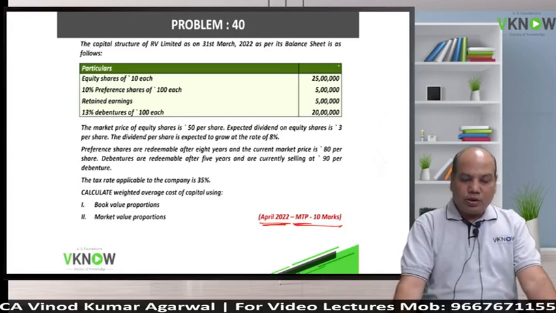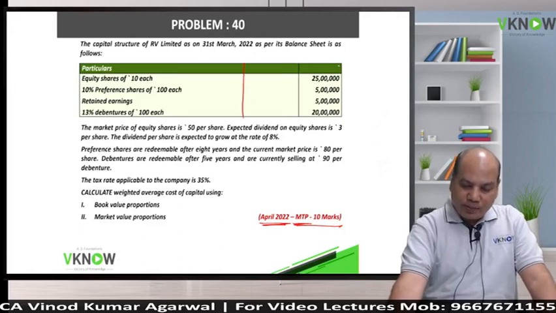The capital structure of RV Limited on 31st March 2022 as per its balance sheet is as follows. Equity share capital is 25 lakh rupees. Face value is 10 rupees.